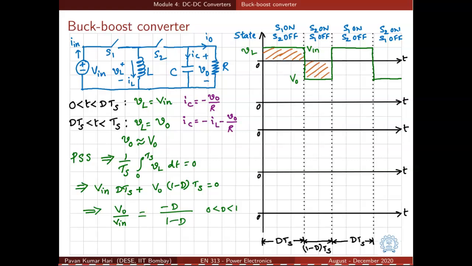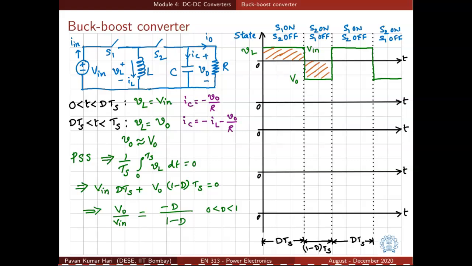Remember, we have applied the small ripple approximation. That means the ripple component in output voltage VO is ignored. So V in dTs plus VO times 1 minus dTs will be 0, and the relation between VO and V in is given by VO by V in is equal to minus D by 1 minus D.